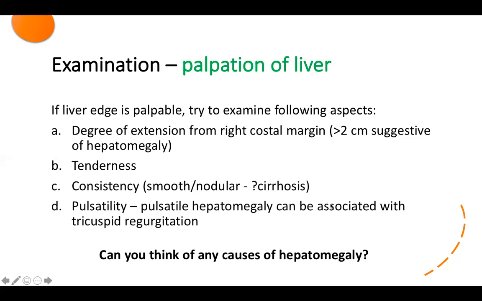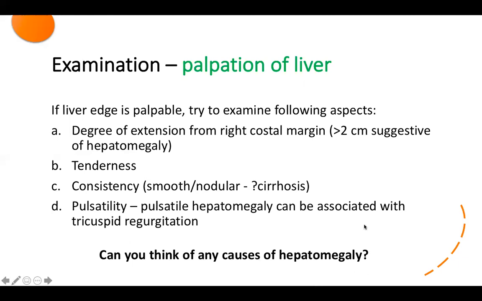So infections, one of the things you're thinking about, so hepatitis, malaria, infectious mononucleosis, malignancies are another thing. Hepatic congestion, so that could be right heart failure, hepatic vein thrombosis, or hematological conditions, so like leukemias, lymphomas. So it is quite a few to remember. So maybe it's easier to remember the broad categories like infection and hematological, etc.